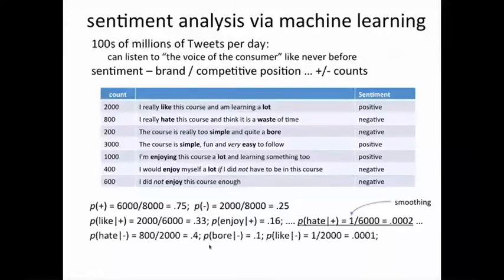Now we do the same thing for the negative comments. The probability that hate occurs amongst the negative comments is 800 out of the 2,000 negative comments because this comment contains hate. The probability that bore occurs is 0.1. Like occurs, again by smoothing, is 1 over 2,000, and so on.